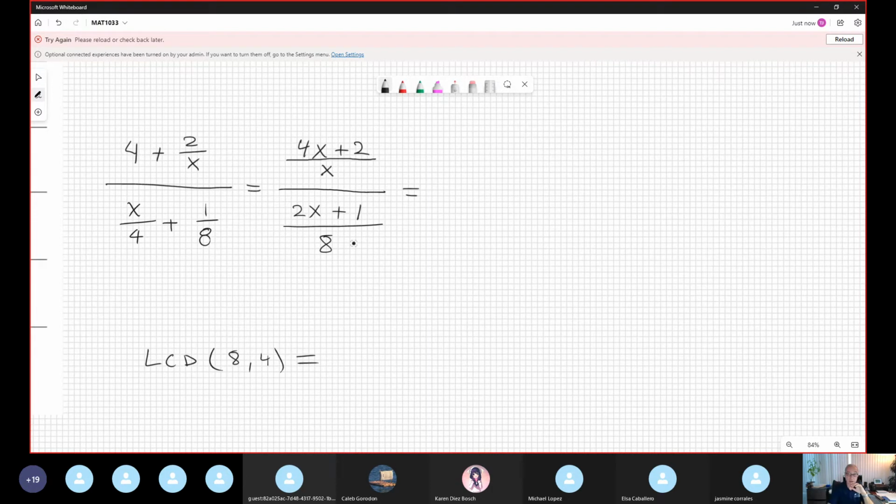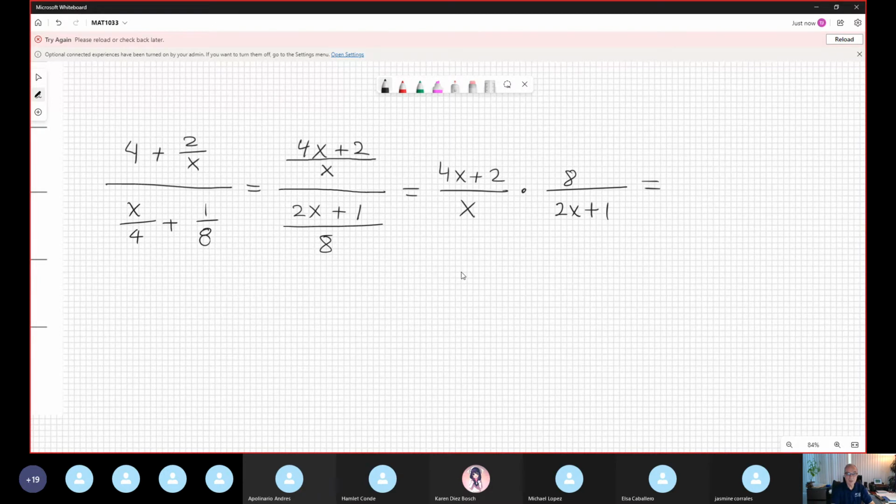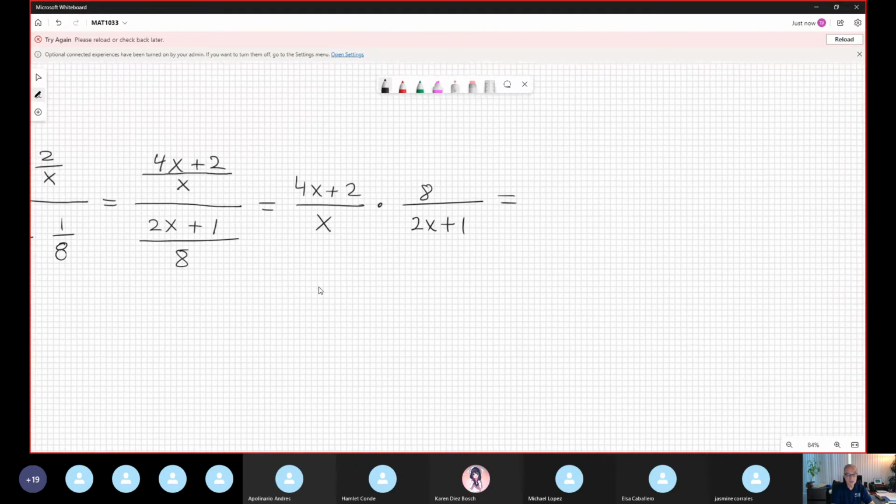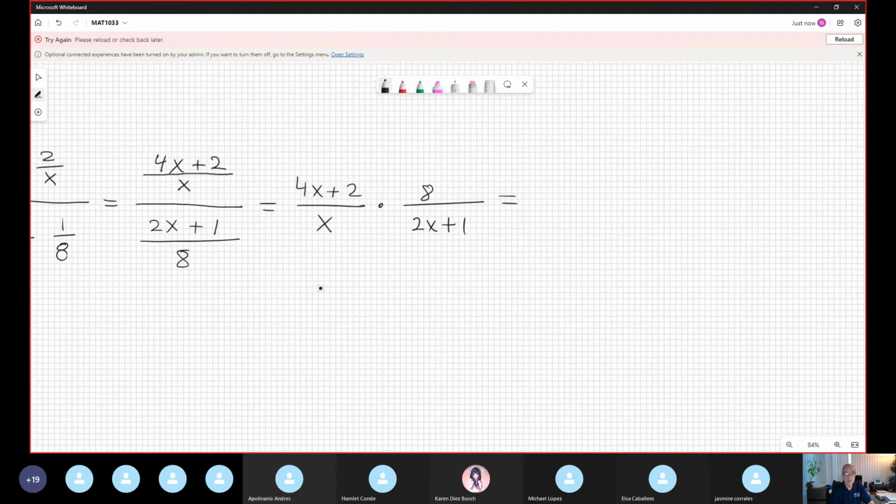Cool. What is the next step? Complex fraction. Very well. Division, flip it. 8 over 2x plus 1. Okay, now I have no idea. Well, yes, I have an idea, because I see in this expression that the greatest common factor is 2.